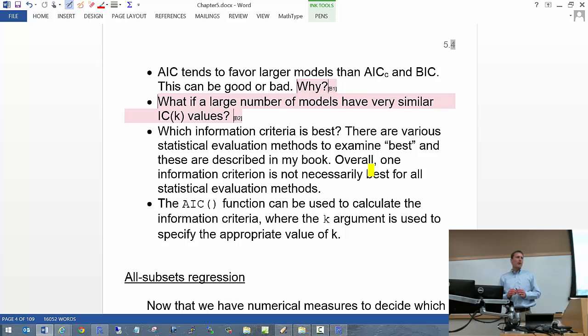Well, yeah, you get a smaller model, but just because it's smaller doesn't mean it's a better model. I think that's a very important point. Just because a model is smaller doesn't mean it's necessarily better. It's just that using this criteria, a smaller model will be chosen as the best.